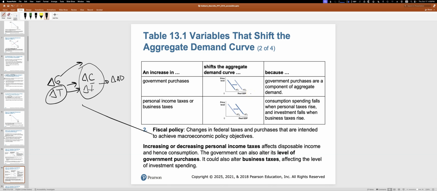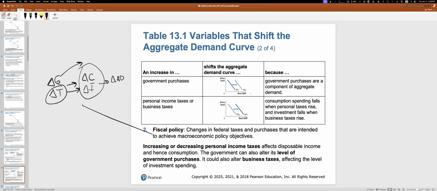So again, now we have our two methods of what we're going to try to do to change the economy. So think back to chapters 7 and 8, where we kind of take a pulse of how the economy is doing based on our understanding of where we're at for GDP, unemployment, and inflation.